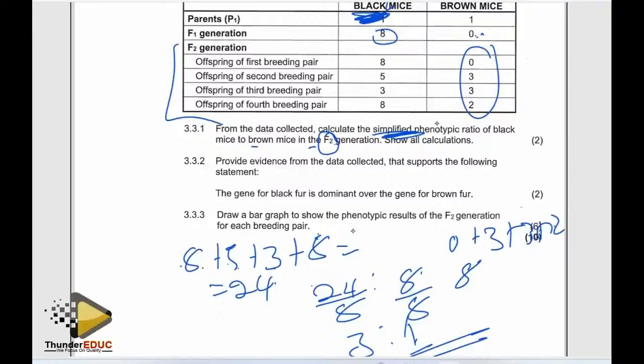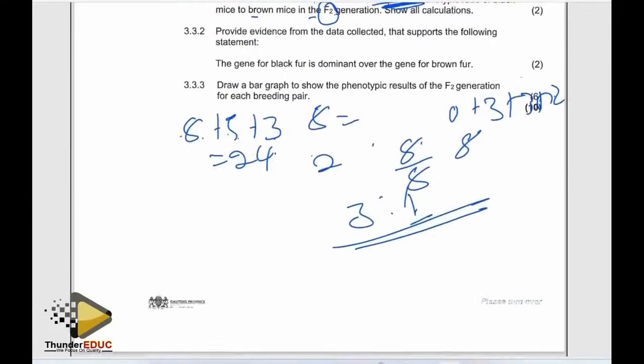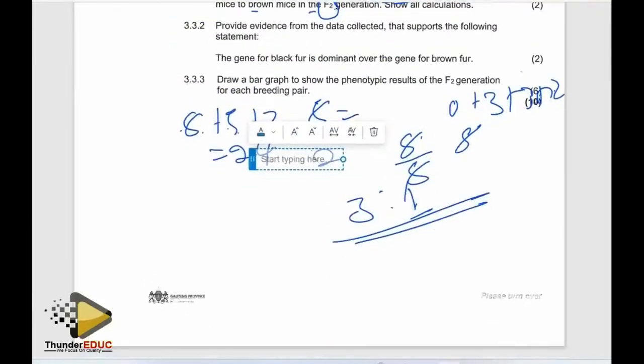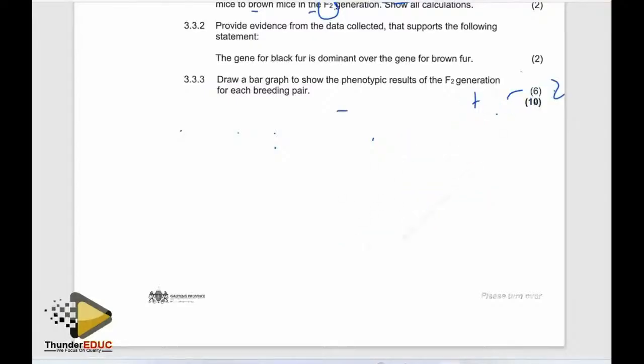They're saying draw a bar graph of the phenotypic ratio of the F2 generation for each breeding pair. So guys, here they're just talking about the bar graph. I'm not going to draw a bar graph for you, but I'm just going to talk about what is needed here to do the bar graph.